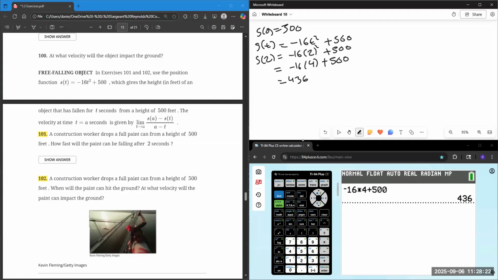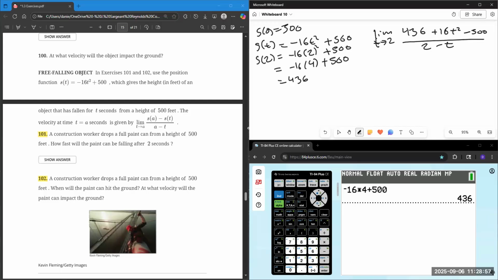the velocity after 2 seconds, so limit as t approaches 2 of 436 minus the function S of t, so that's minus a negative 16t squared minus 500, over 2 minus t.